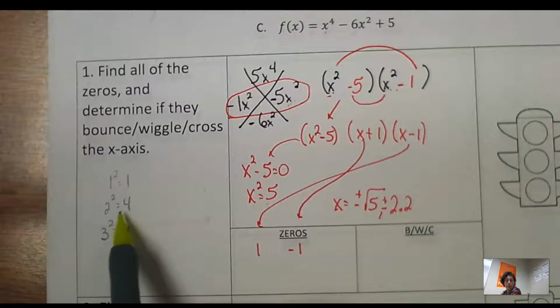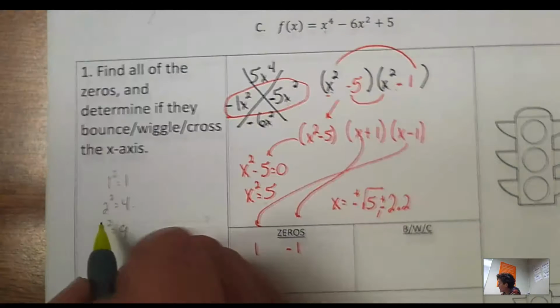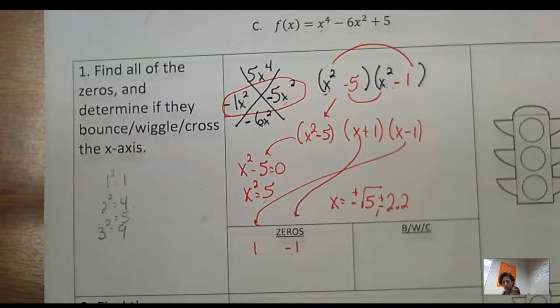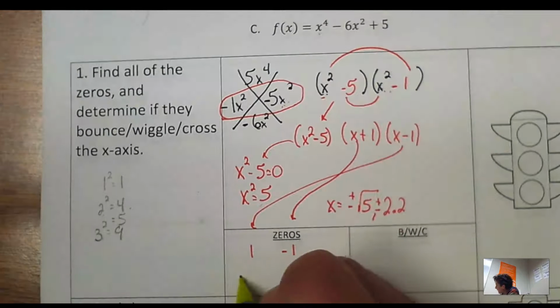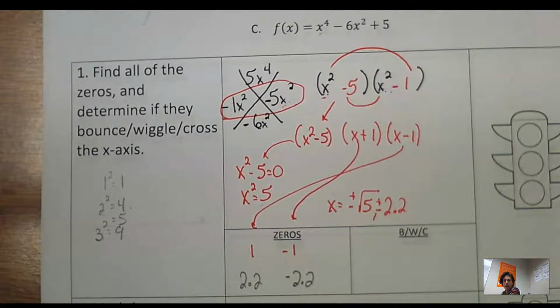Well, it's got to be in between. If 2 squared gives me 4 and 3 squared gives me 9, that means 2 point something would give me 5. Okay, so 2.2 positive and negative. I don't know if it's actually 2.2. Let me find out. I do have a calculator. So it is. It's 2.2.